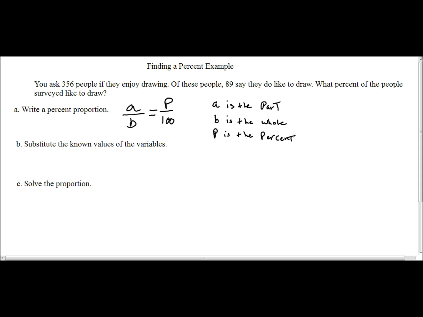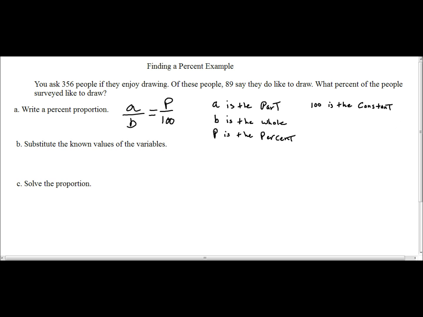Okay, and of course 100 is the constant. Okay, so now we have our pieces together.